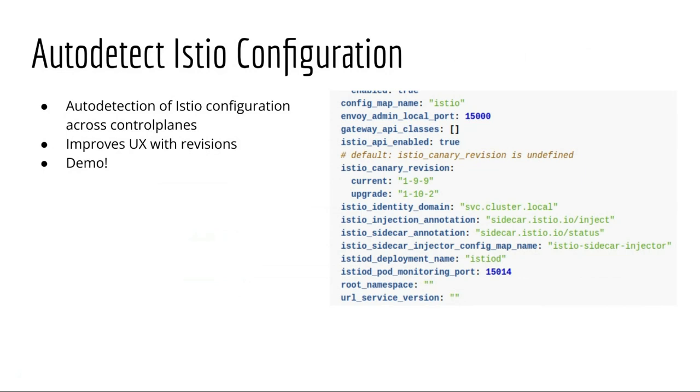Okay, so in the past sprint and in the upcoming sprint, there is an ongoing task to make Istio configurations auto-detect across control planes.